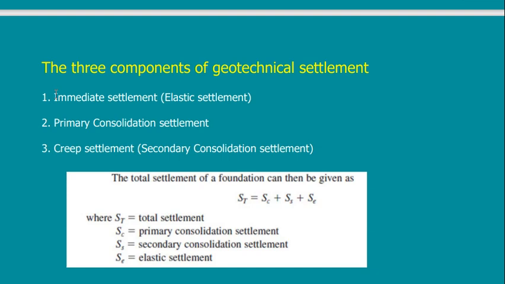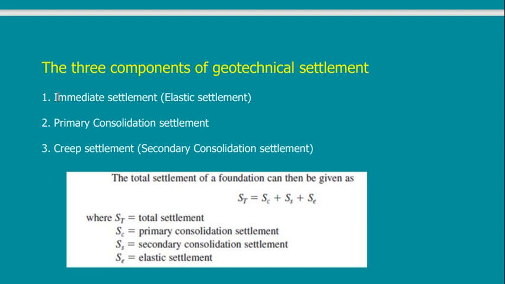Immediate. Sand. This is correct. The example of immediate settlement is the settlement on sand. Of course, there are immediate settlements in all types, but in sand, the immediate settlement is maybe 99% of the total settlement, or maybe 100% of the total settlement.